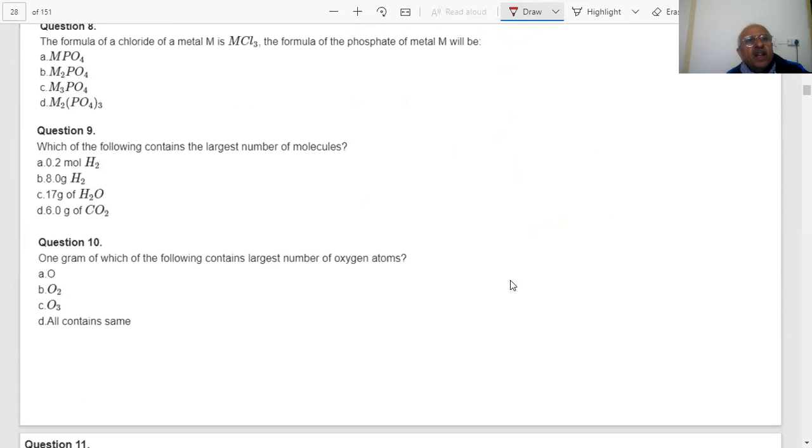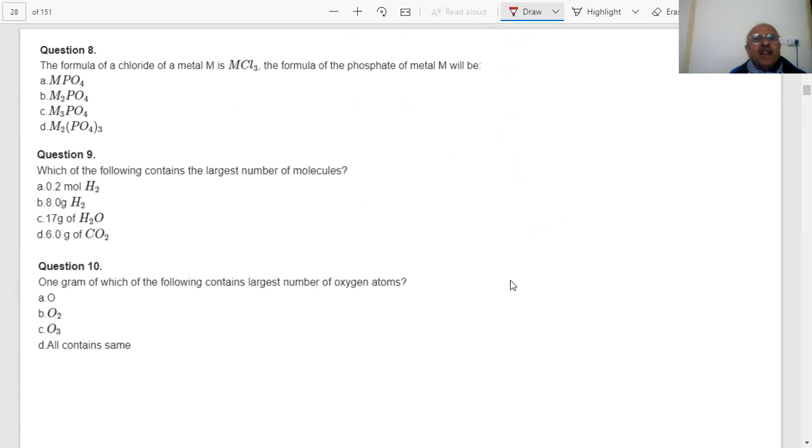The formula of a chloride of metal M is MCl3. The formula of the phosphate of the metal will be? A part, which one? MPO4. So that means the metal is 3 plus and Cl is minus 1, so you multiply by 3 and by 1, and the formula becomes MCl3.